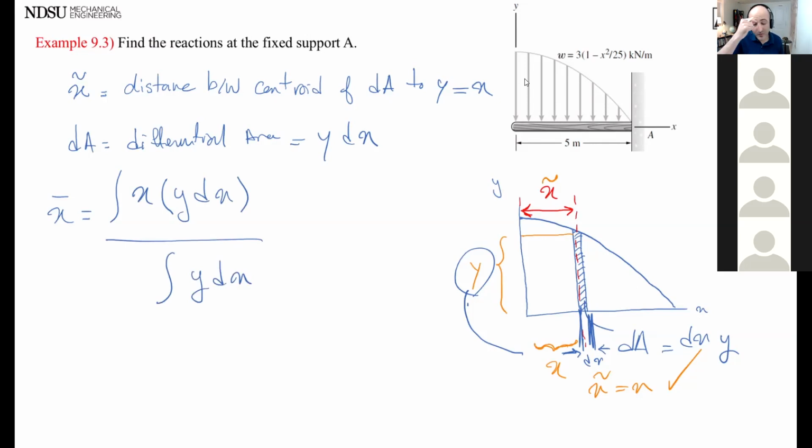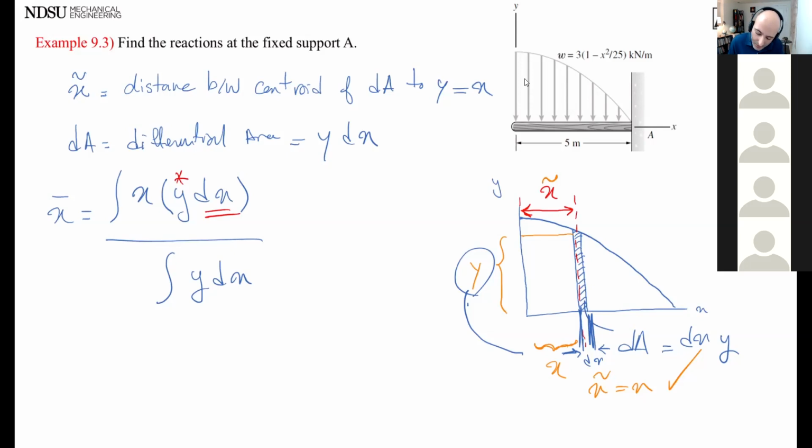Okay. Can I do this integral or no? No, because of the variable. My variable is dx, but I have a y in here. So I have to replace the y.